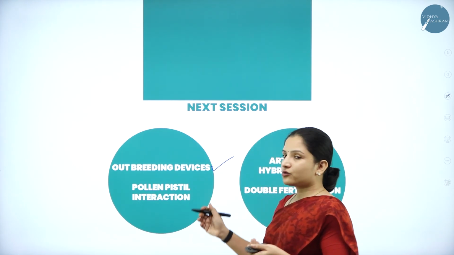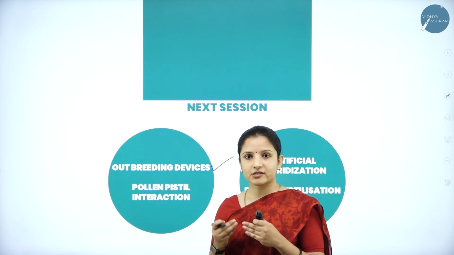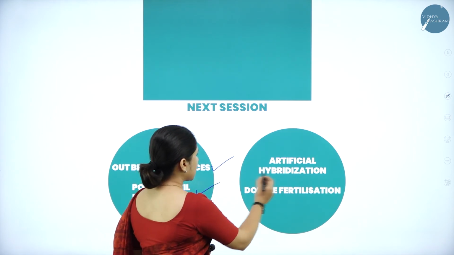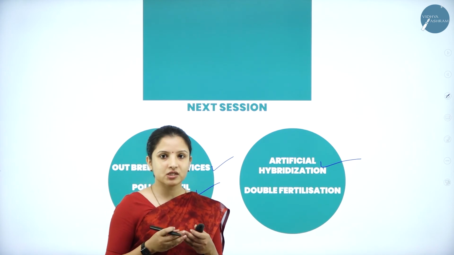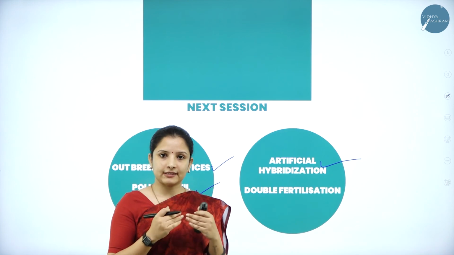And next, I told you about pollen-pistil interaction. We'll study that in the next session, and also artificial hybridization, how it is achieved in order to promote cross-pollination and to prevent self-pollination.